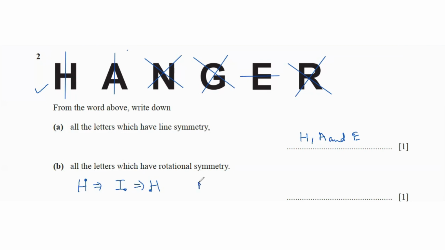If we look at N, if we rotate N, it once again maintains the same shape. And this dot represents the reference point. So as you can see, H and N are the only letters that can maintain their shape when they're rotated. So that means they have a rotational symmetry.